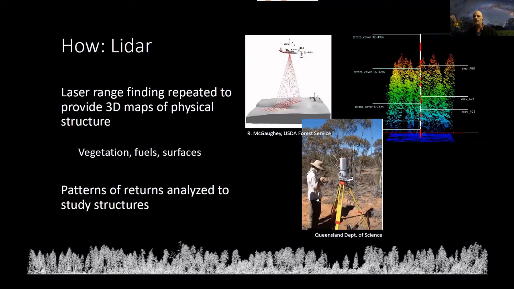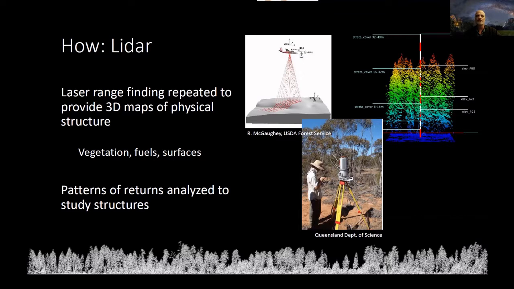So I'm going to talk about two broad methods that are being used in these studies. The first is LiDAR. I expect most of you have at least a passing familiarity with LiDAR, but at its simplest, what it really is, is a laser rangefinder, which is swept back and forth to build up an image over X, Y, and Z coordinates.